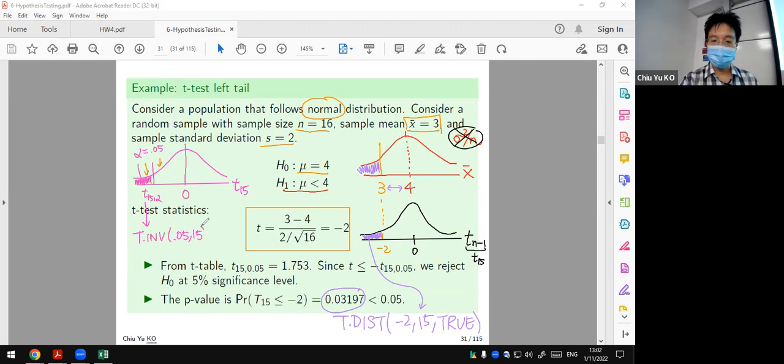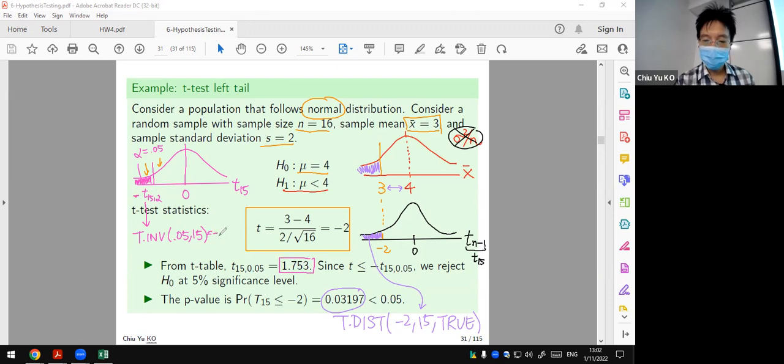because the area given is on the left. So this is the answer, and it turns out to be 1.75, actually negative 1.75. You look at it, it should be negative because this side is negative.